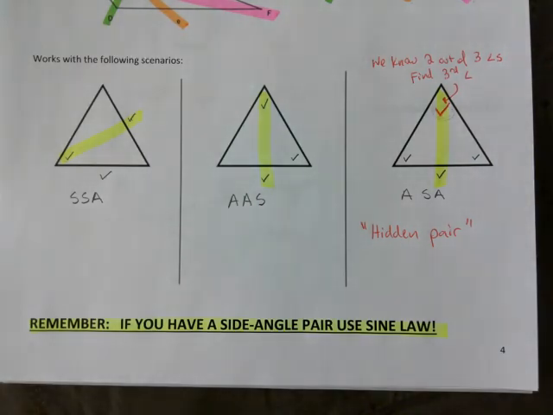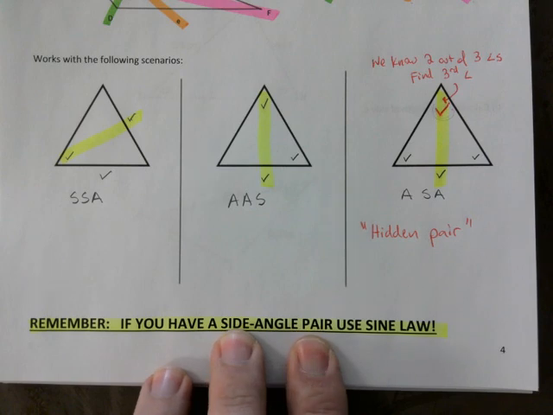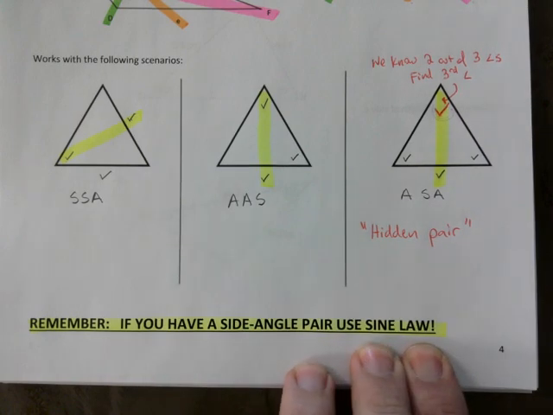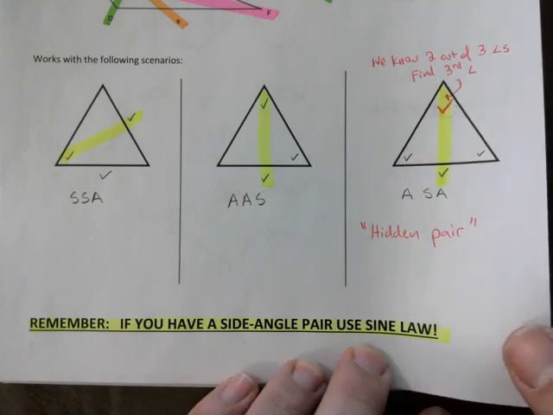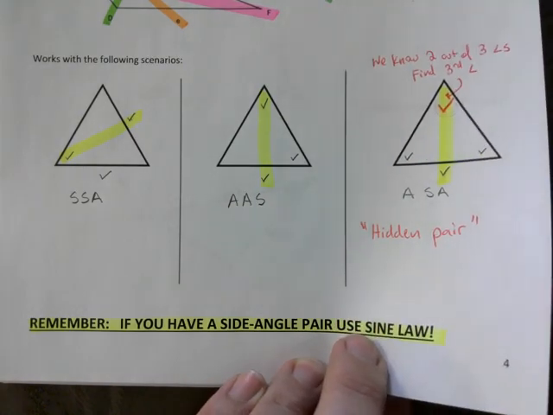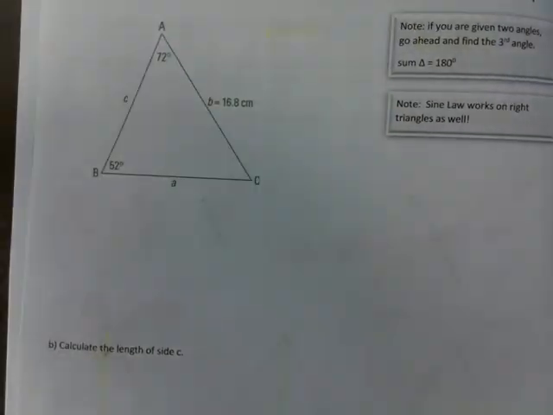Because remember, later you're going to know cosine law. So you're going to have to distinguish which one should I use. If you have a pair, use sine law. Simple as that. It works every time. So come with me and let's put it to the test. Let's use the sine law to solve. And you'll actually be working right after this example.